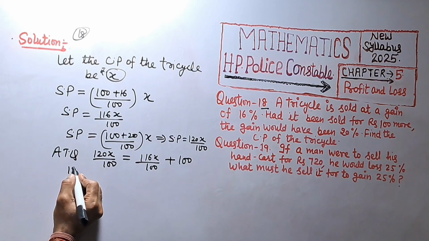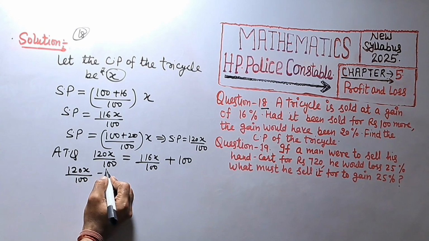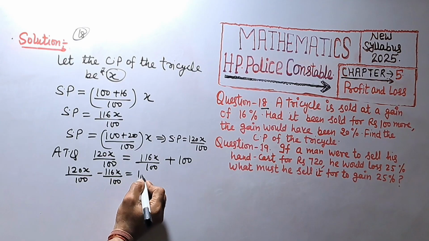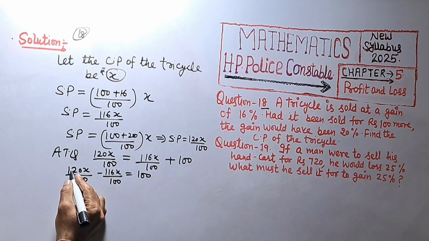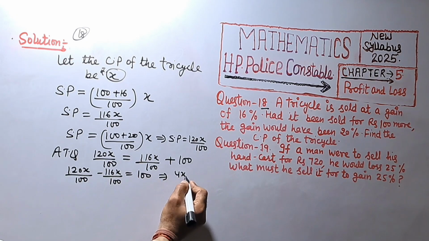Shifting to the left side, that is 120x upon 100 minus 116x upon 100 equal to 100. 120 minus 116 gives 4x upon 100.